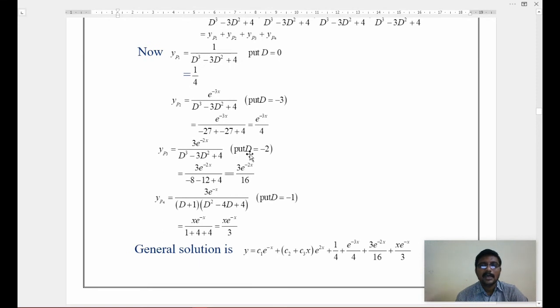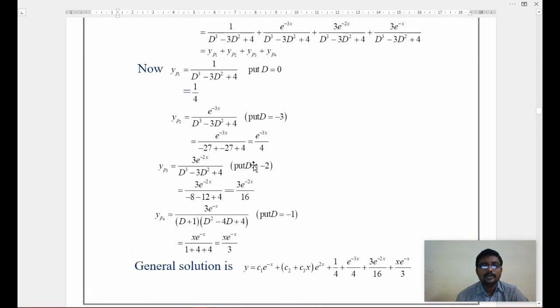In the third case we put D equal to minus 2, so that we are getting a non-zero number. And the last one is putting D equal to minus 1, we are getting 0, so we have to take x as the numerator, and the denominator expression should be differentiated with respect to D, so that we are getting x e power minus x by 3.